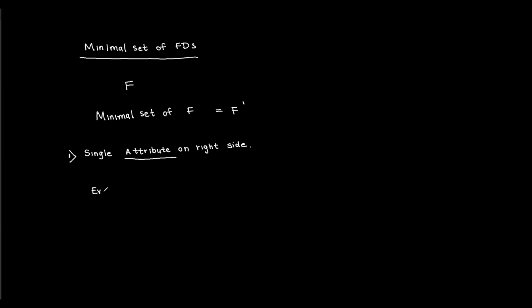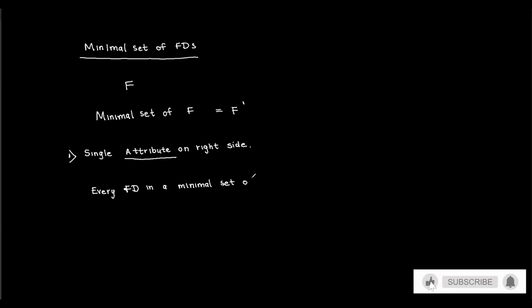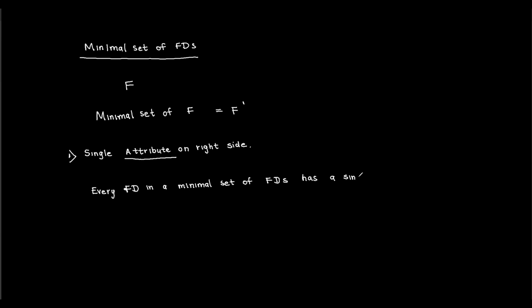So every FD in a minimal set of FDs has a single attribute in the RHS.